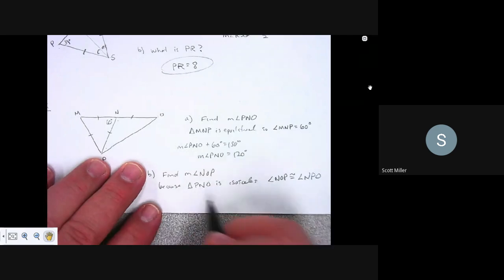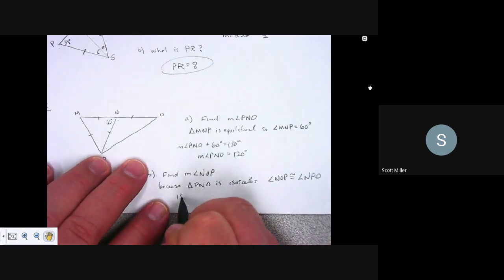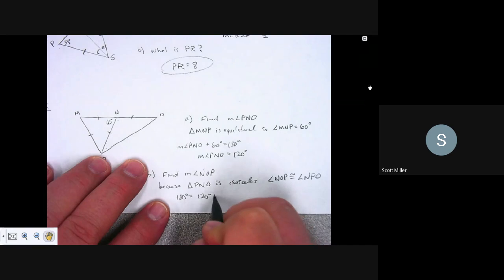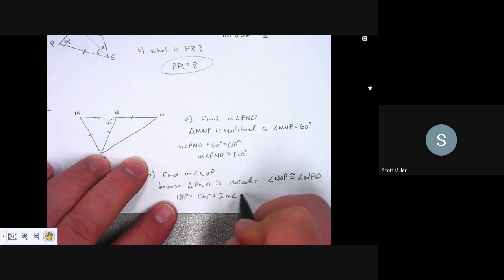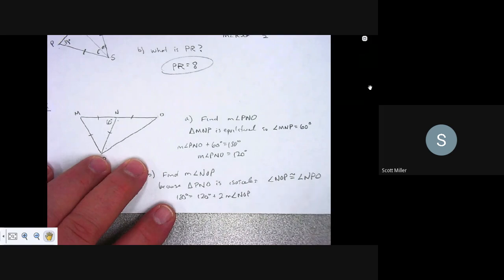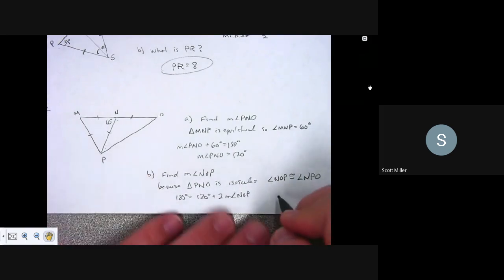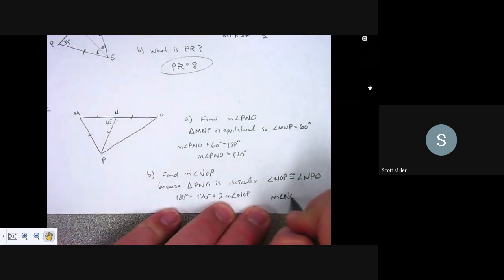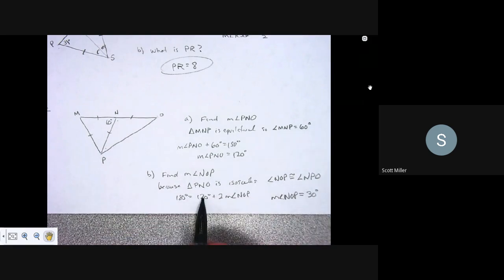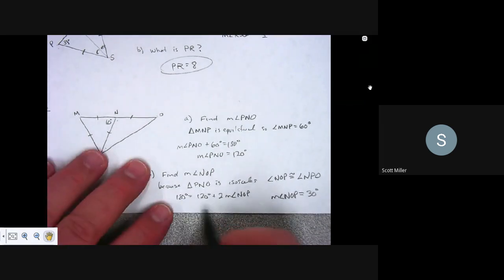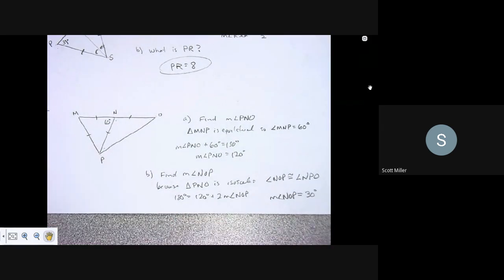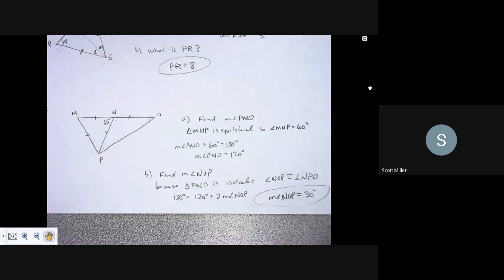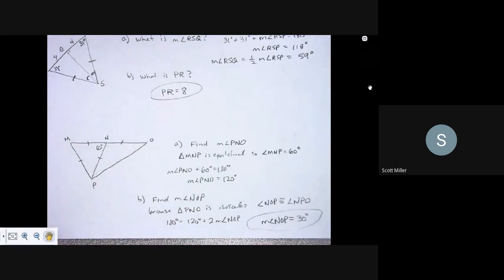I know this angle is 120. These two are the same angle, so I just need to do 2 times the one I'm looking for. So 180 degrees is 120 plus 2 of these because they are identical. And so I can work this out and I can get my angle NOP to equal 30 degrees. So move the 120 over here, makes that 60. Divided by 2 makes it 30. And so that's how I can get to that. And so that is what we did in 4.2. And we'll do more together in class.